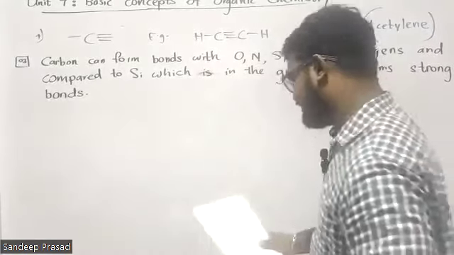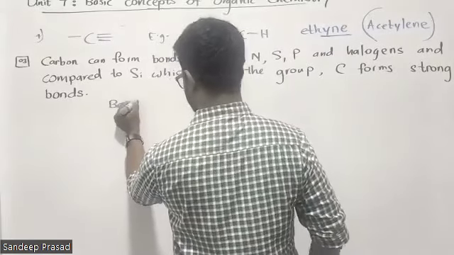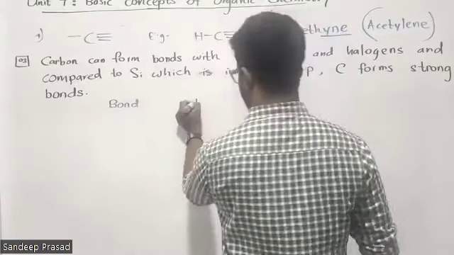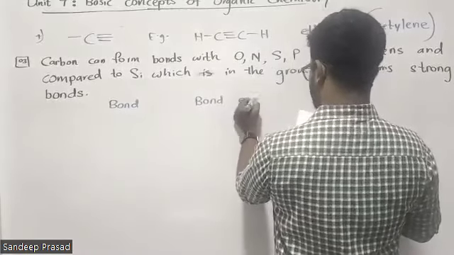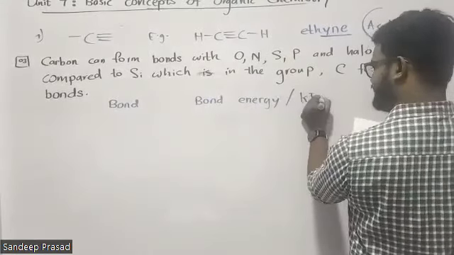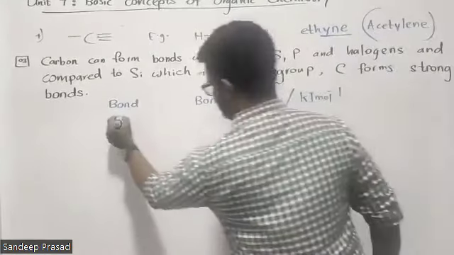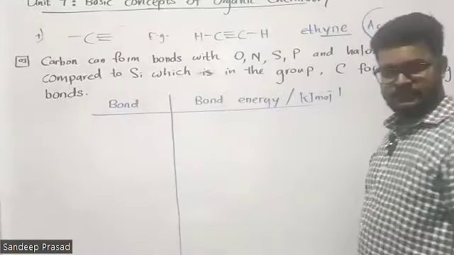In your resource book, they have given a table. Let me draw that table with you. Sir, do we need to remember these values? Students, I would say better you remember these values, because sometimes in MCQs, these values will be important, right? So that's up to you.